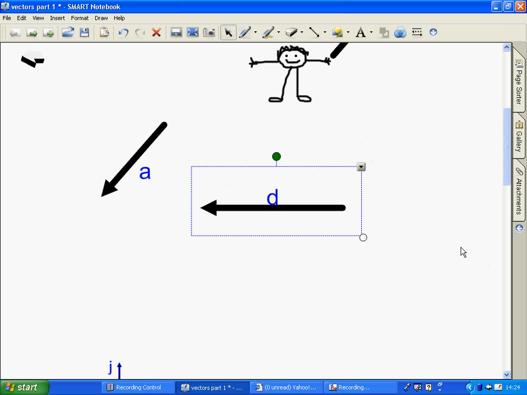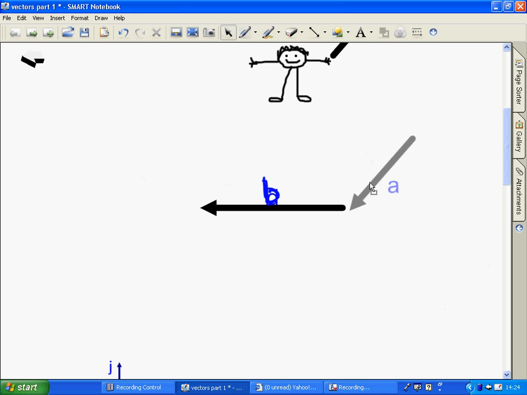Okay, so I have a vector B here, which would be going in the other direction. So if I have the vector A minus B, I'm going from A and then taking away B. That would create for me the new vector here, A minus B.